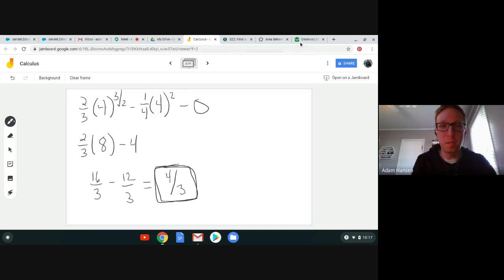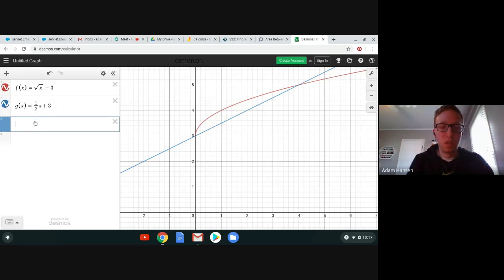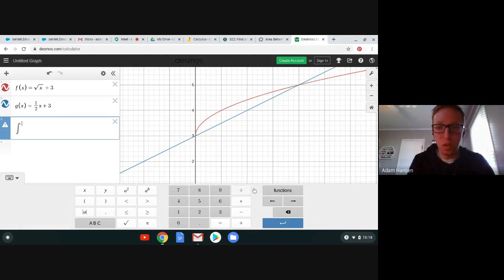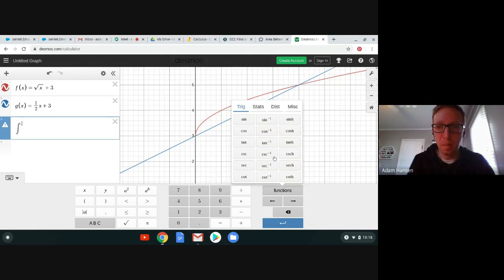We can check that on Desmos to confirm our answer. INT is the shortcut for a definite integral. You could also find that on the keyboard here under the Functions tab. I believe under Miscellaneous is this antiderivative definite integral option.